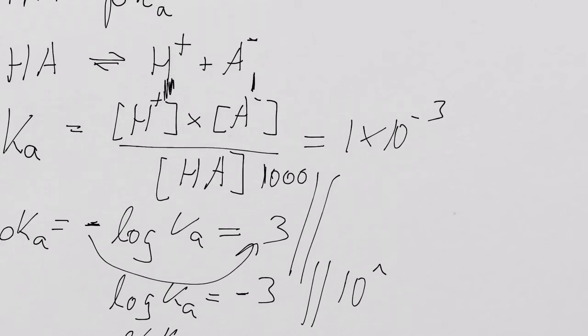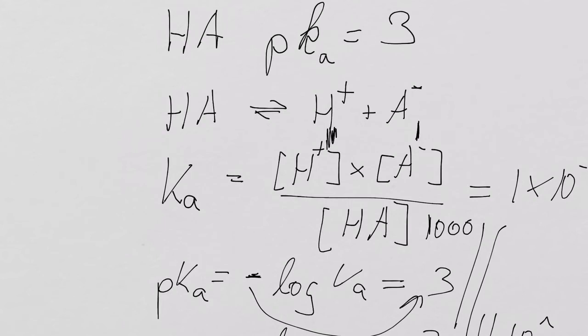So only one molecule in 1,000 will dissociate. So it's very, very feeble. Actually, this acid here, in reality, doesn't really have a huge inclination of giving off its proton.